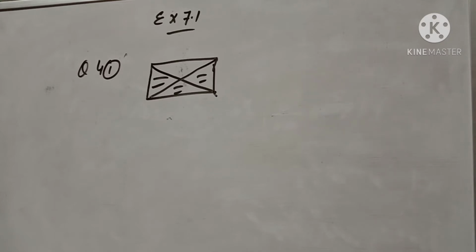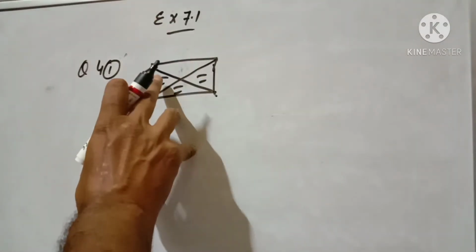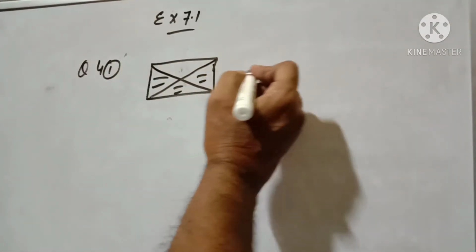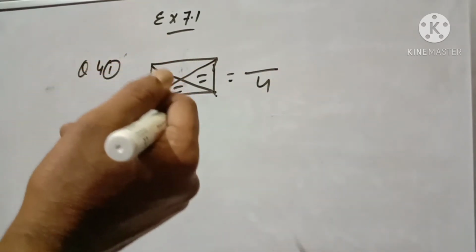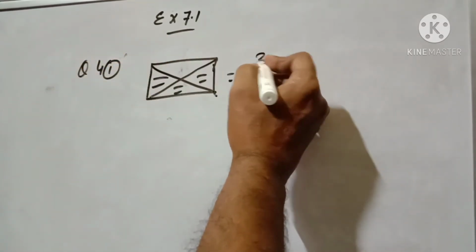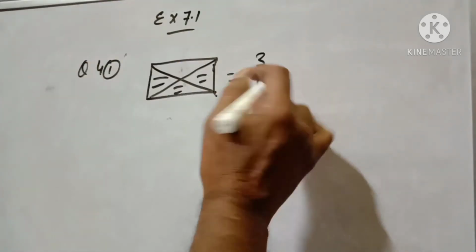First of all, how many total parts? 1, 2, 3, 4. So we write 4 parts, and how many parts are shaded? 1, 2, 3 parts are shaded. If it asks for unshaded, then we would write only 1. So 3 by 4.